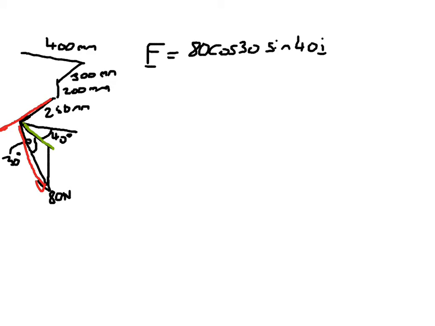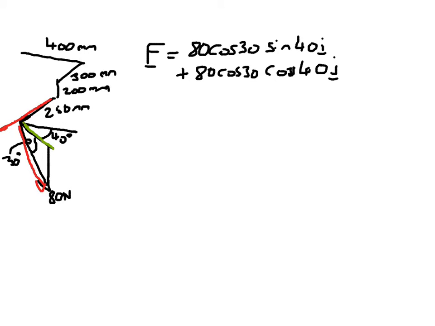And similarly for the J component, we're going to have 80 cos 30 to raise it to the green line, and then cos 40, should be an S, sorry, to put it into the J direction. And both of those are positive.